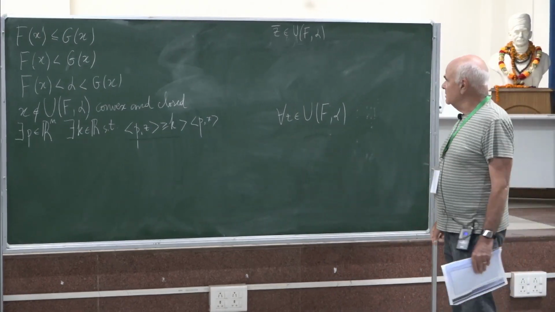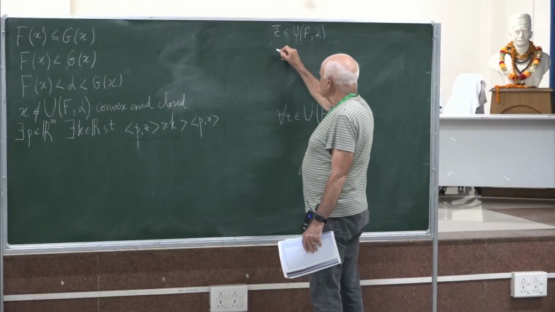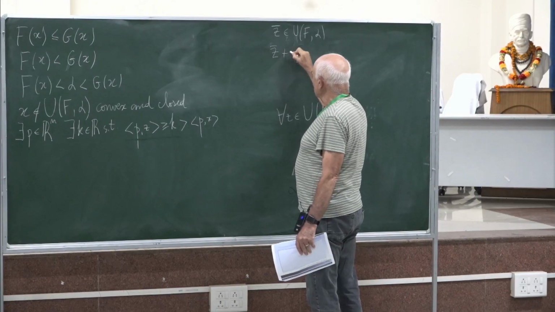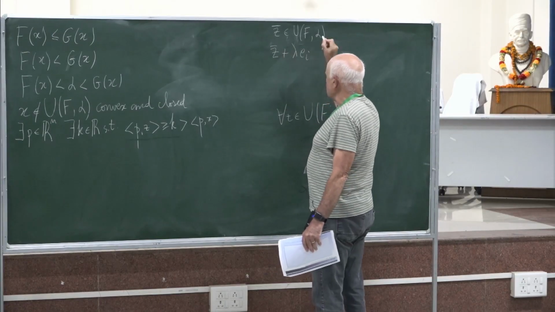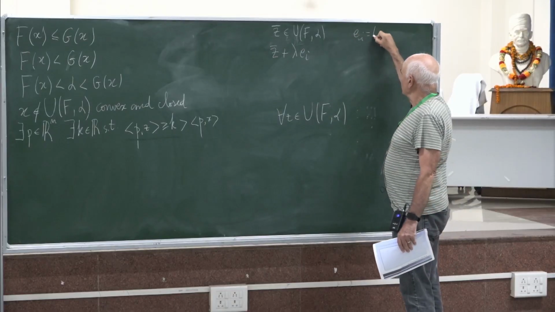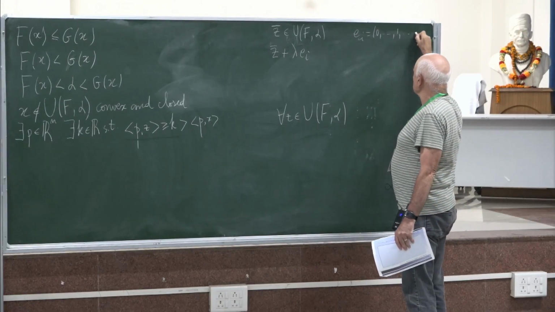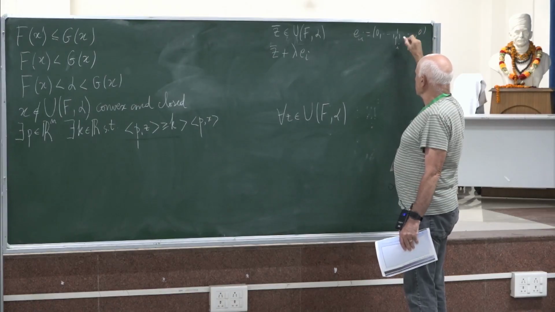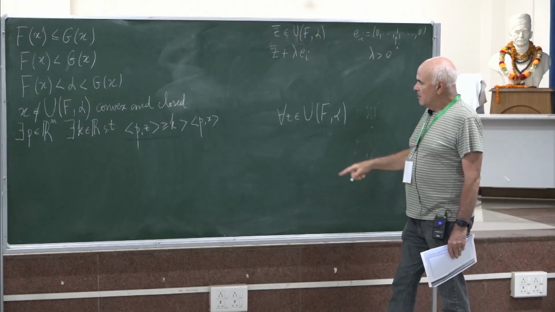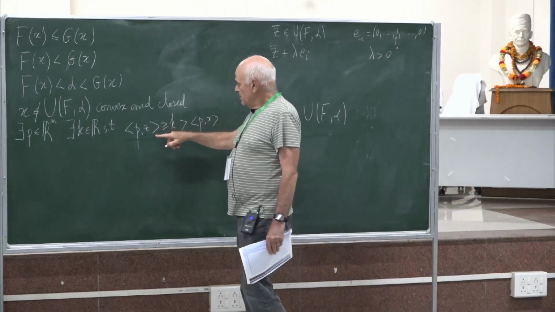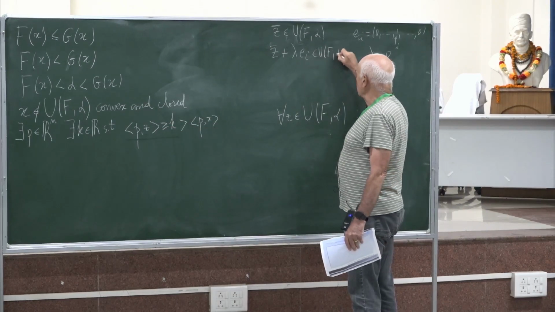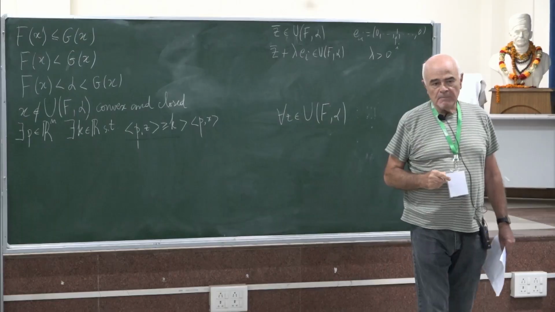And then I consider this element where EI is the unit vector with 1 in the ith component and lambda is strictly positive. Then this belongs to U of F alpha for every positive lambda.